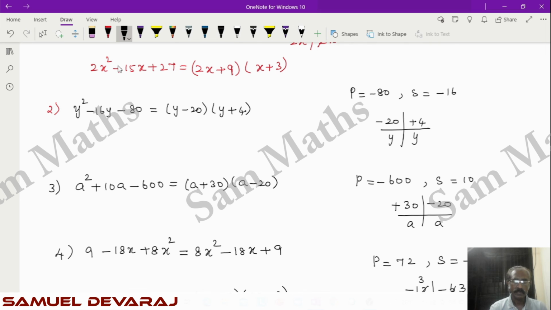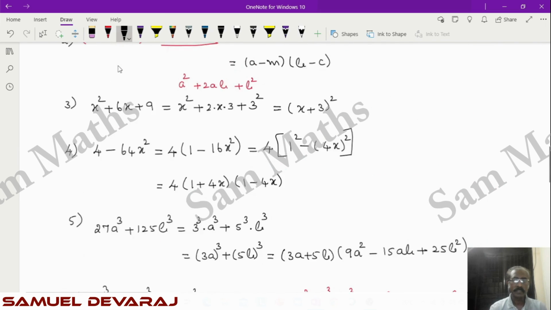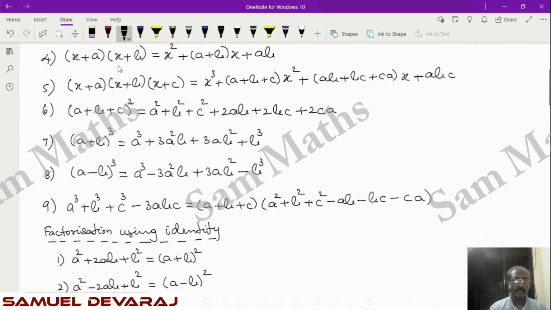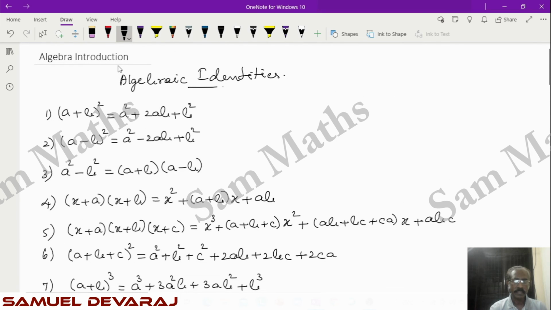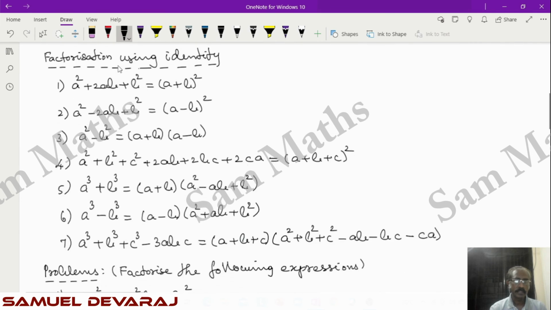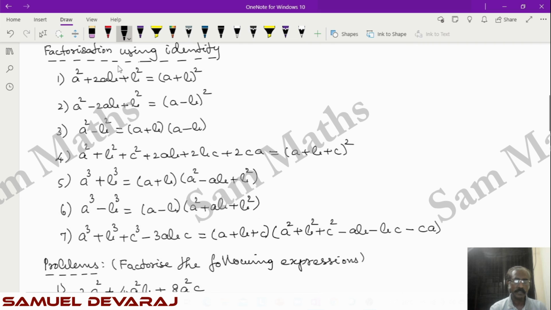So what things did we discuss today? First one, algebraic identities. So please go through all the identities and make yourself thorough with this. Then factorization using identity. For this also you have to recollect the same formula in another way.